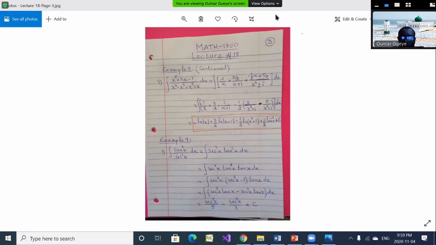All right, so because here is the 5, so you have a 1 over 2 out. So that's this part, okay?